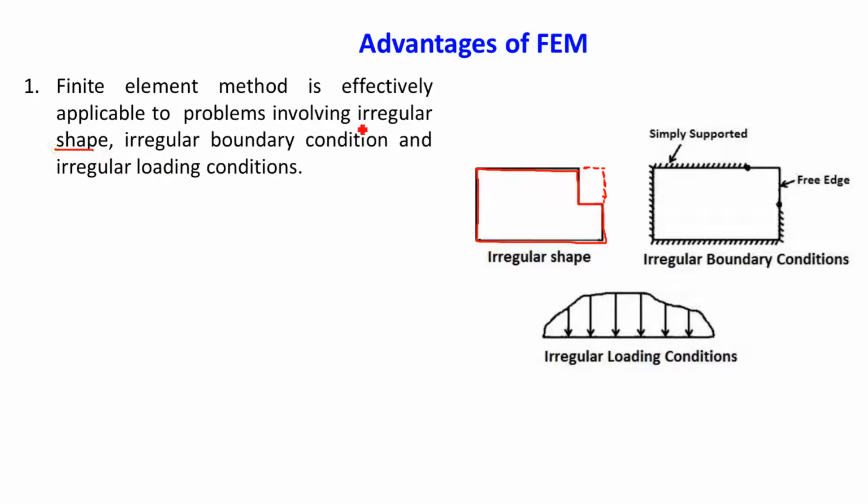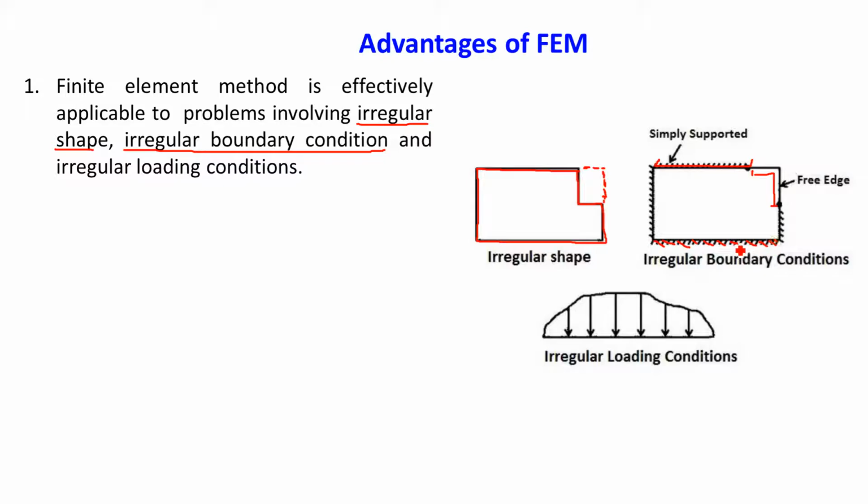Second point is the finite element method is applicable to irregular boundary conditions. Irregular boundary conditions means, again, if you look at this rectangular slab, where this edge is simply supported, this portion of the slab is free, and even if you make this double hatching represent a fixed support.